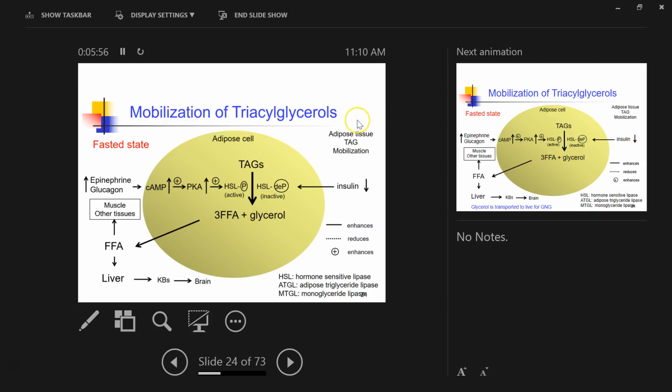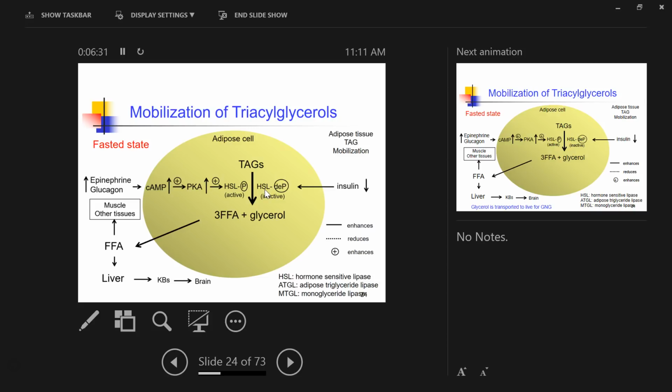Okay, 24. So how is lipolysis regulated by hormones? I just described, right? Insulin, glucagon, catecholamine, epinephrine. So again, this slide is very important. 25. What is the difference in location, substrate, and activation in response to physiological conditions between HSL and LPL?